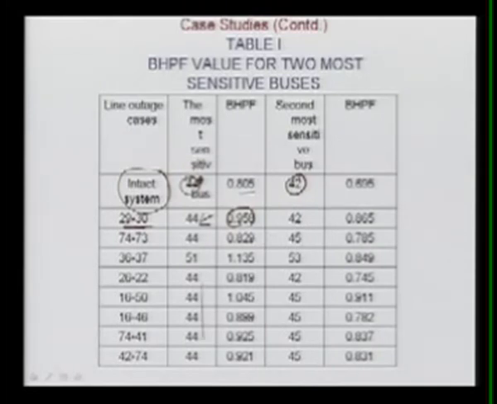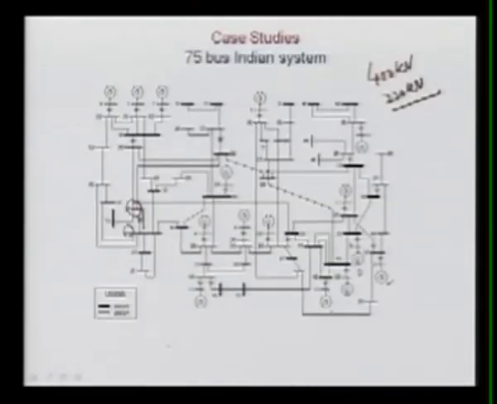So the most sensitive bus turns out to be 44, and then we decided that we can put the SVC, that is static var compensator, at bus number 44. And where is 44? 44 is this bus. There is one generation here, and this generation is, I think, Auraiya gas power station.